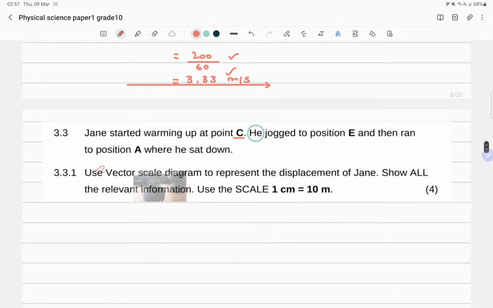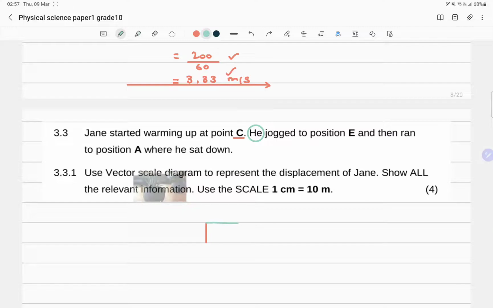Now we are told to use a vector scale diagram to represent the displacement of Jeanne. Show all the relevant information. Use the scale 1 centimeter equals 10 meters. Unfortunately, guys, I don't have a ruler here, so all I can show you is what this is all about. If we draw a dividing line, basically a vertical line, we know that Jeanne went that way from here. Maybe let's use a different color for this.